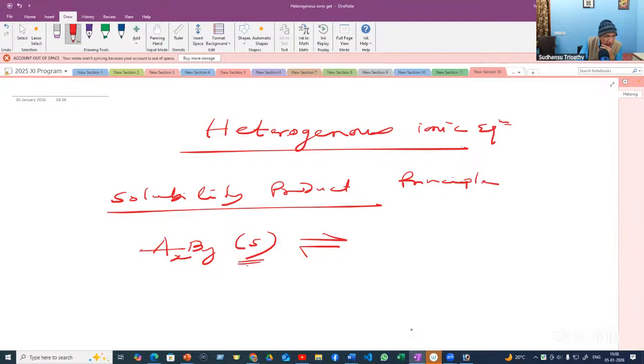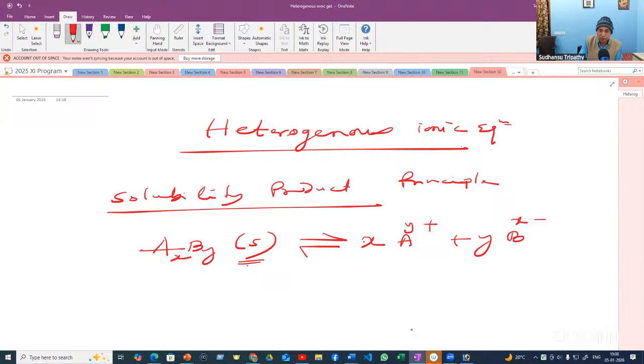This is solid phase. It remains at the bottom of the solution, which is not dissolved any further, to form a saturated solution with x number of A y plus and y number of B x minus.